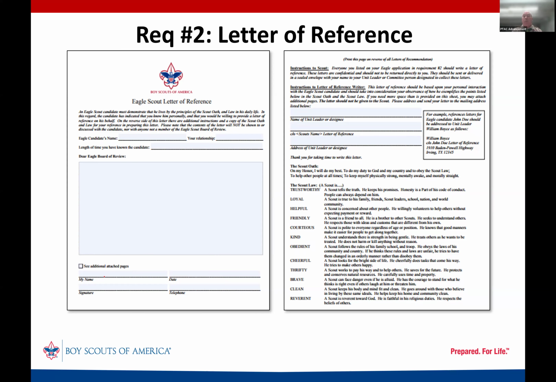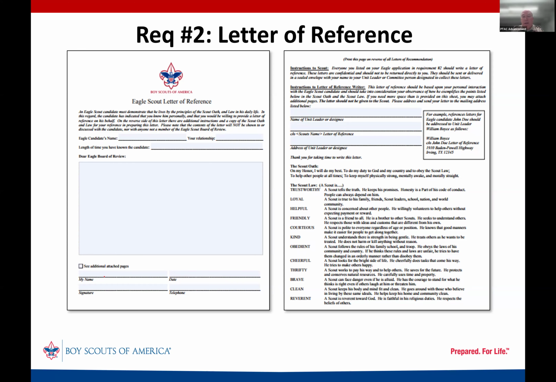The person filling out the letter doesn't necessarily need to know all the details of the Scout Oath and Scout Law to be able to attest to that. This form helps identify the different points of the Scout Oath and Scout Law and how the scout might complete those items.